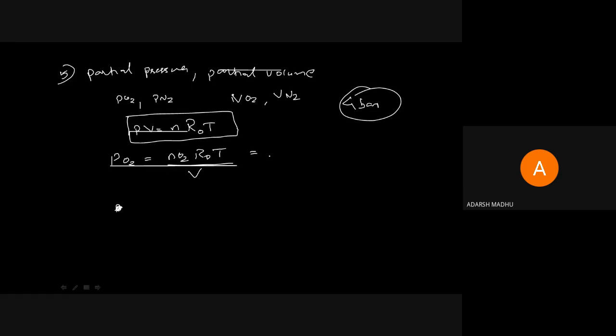PO2 equal to NO2 into R0 into T divided by V. NO2 means number of moles of oxygen, that is 0.125, into R0 value 8.314, right? But as I said, when we are using this R naught value or R value, any constant value in the equation PV equal to nRT or PV equal to mRT, you want to use it in the form of joule per kilogram.